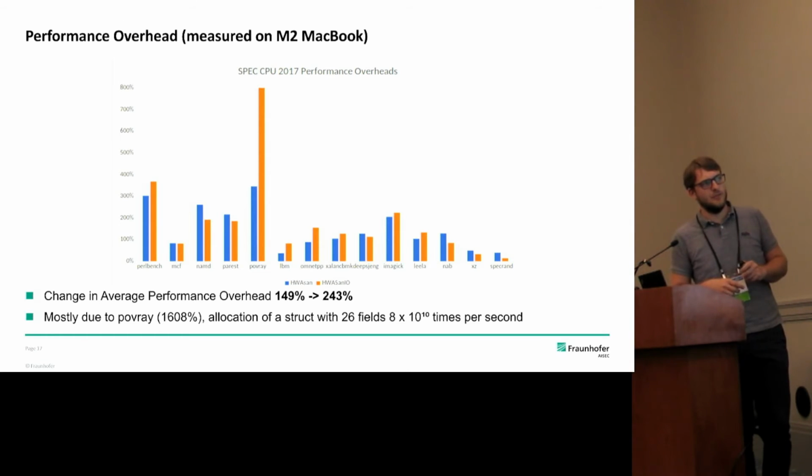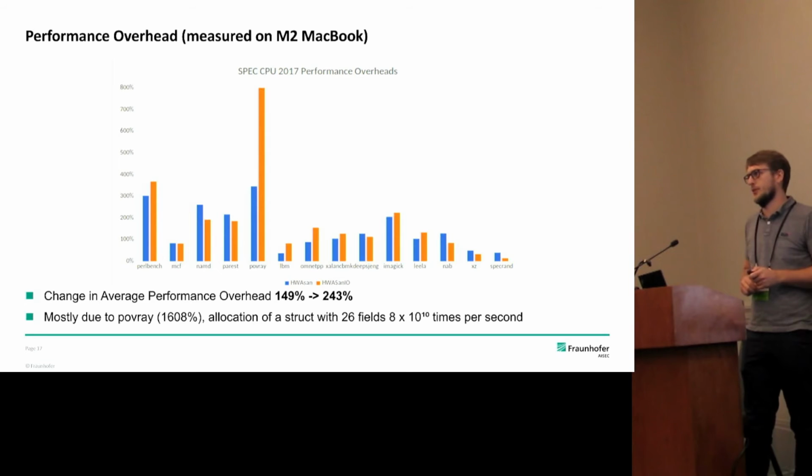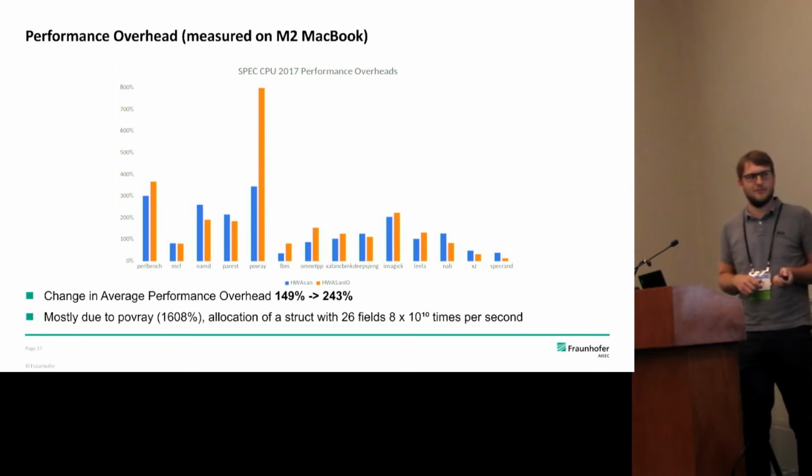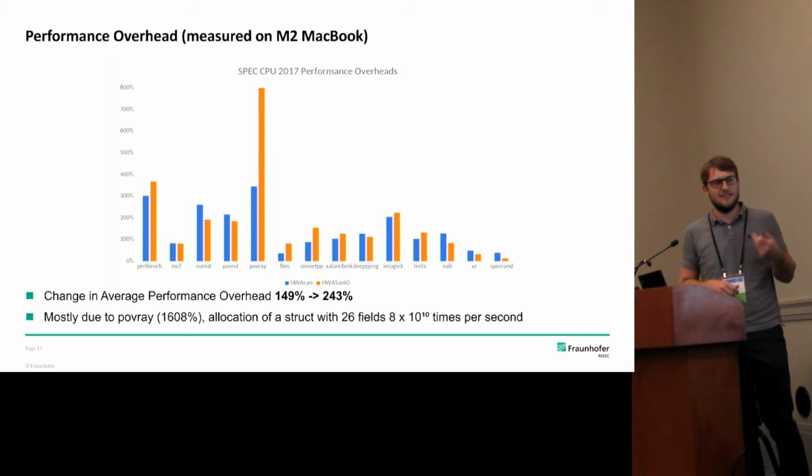Now there's one exception, which is this image processing benchmark, POV-Ray. There's a special case where the image processing needs to allocate a struct with a lot of different fields, and this leads to a very high overhead.